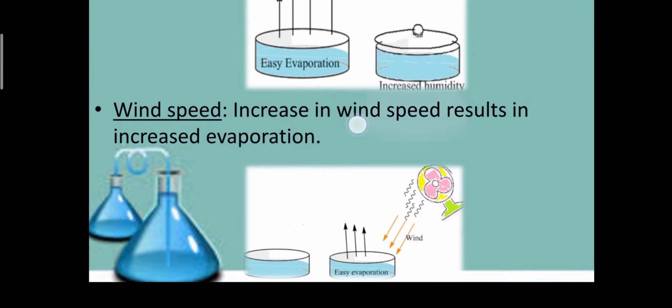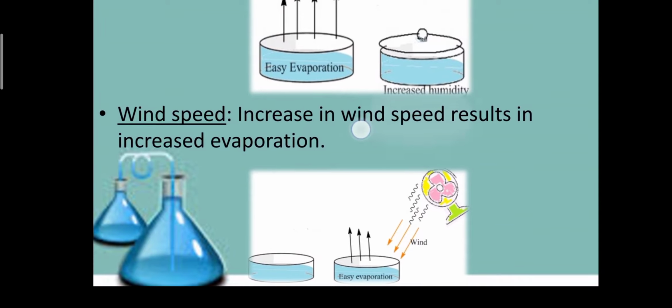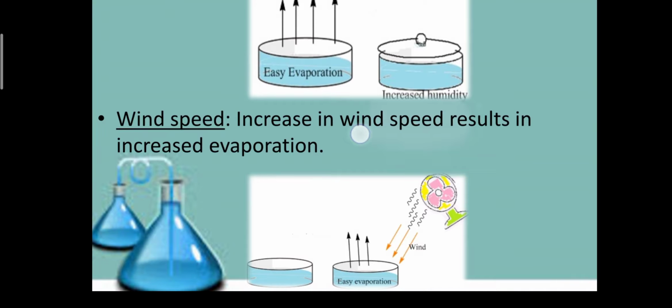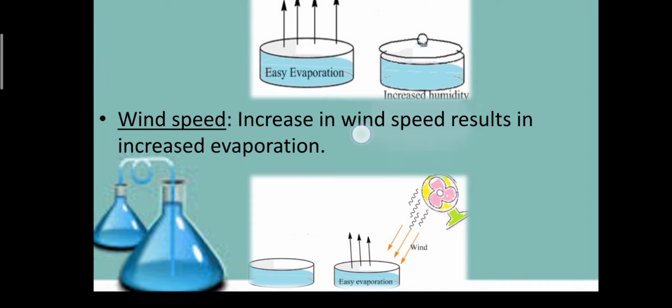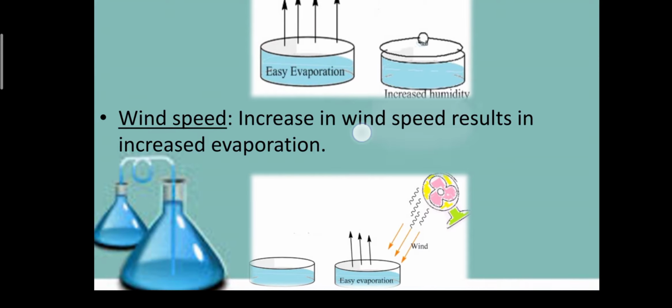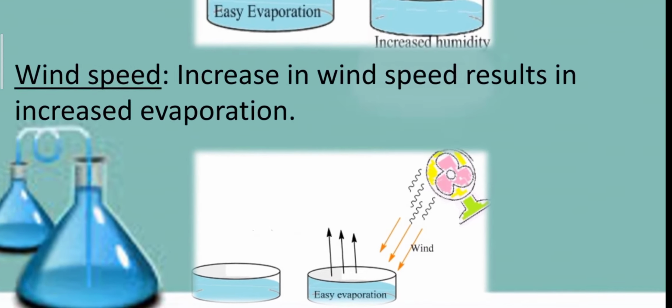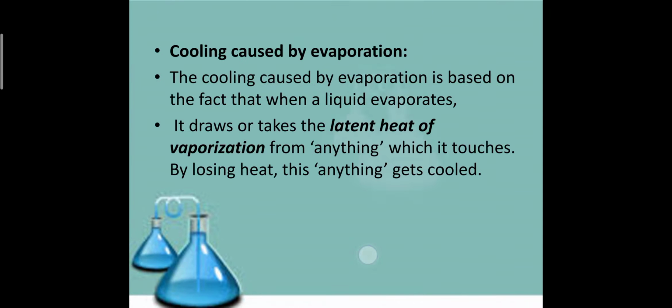Coming to wind speed, this we all know. When there is an increase in the wind speed, the rate of evaporation is also very fast. The best examples are drying of clothes which are kept outside after washing, and switching on the fan after cleaning the home. All these are examples of wind speed.